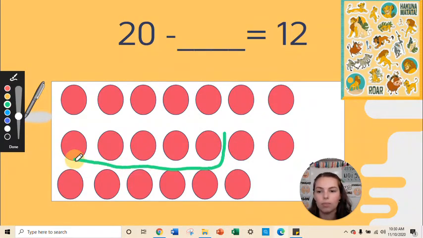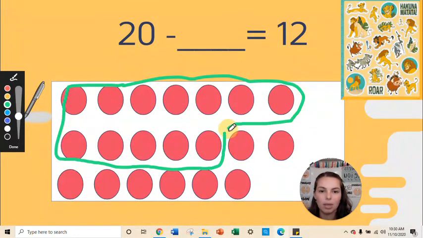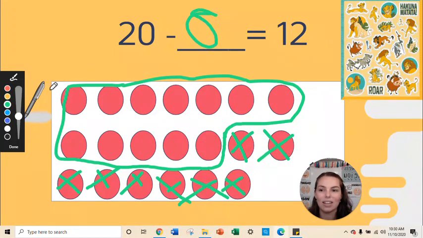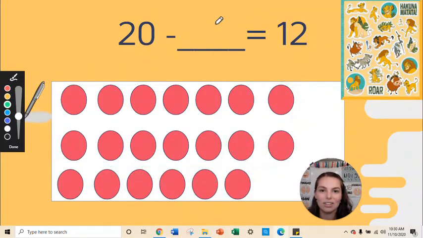Circle that. That's how many I have left. So I used 1, 2, 3, 4, 5, 6, 7, 8. I used 8 stickers already. There we go, that's better.